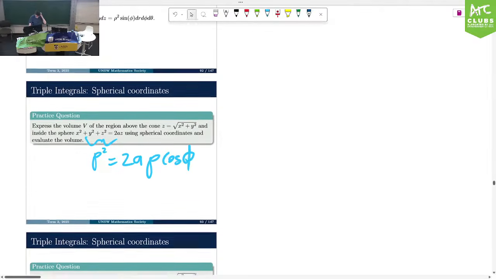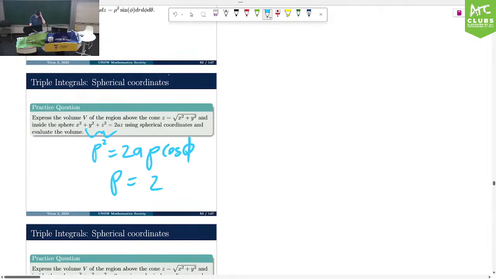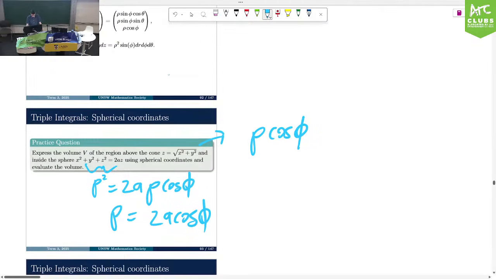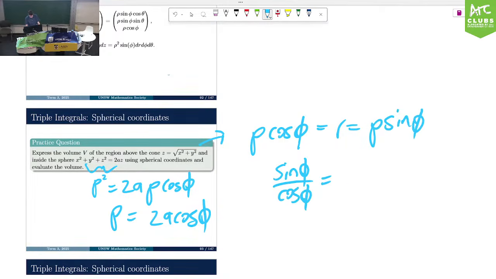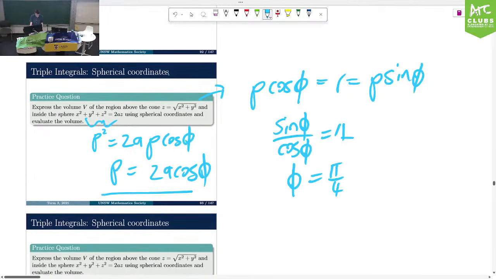So this equation says that rho is equal to 2a cosine phi. This one here says that rho cosine phi is equal to this radius, which we said was rho sine phi. So we have two conditions here. I guess we have sine phi over cosine phi equal to 1, so phi is equal to pi over 4, because tan is equal to 1 when the angle is pi over 4. And we have this other condition.